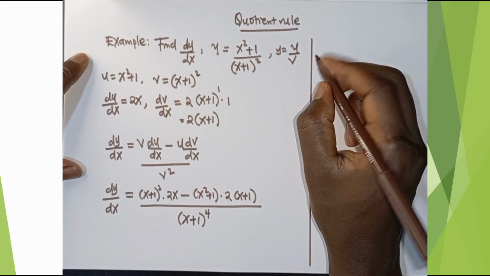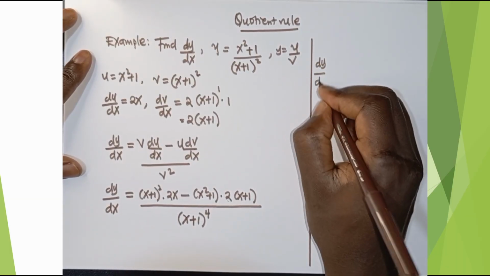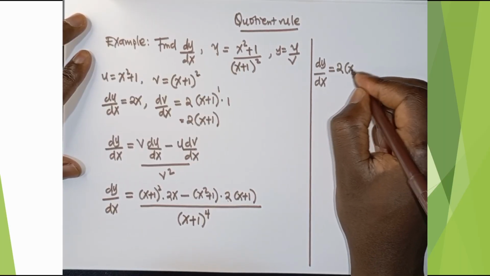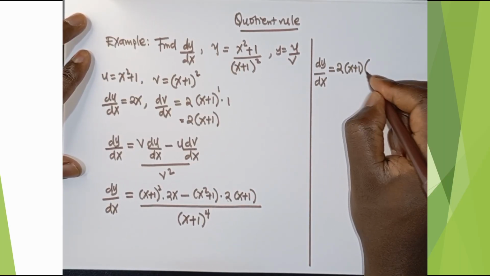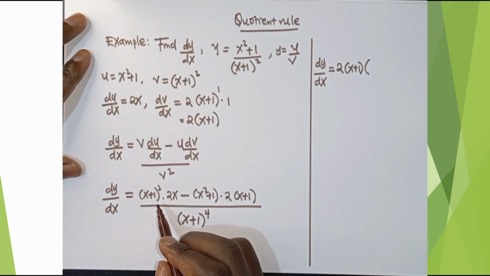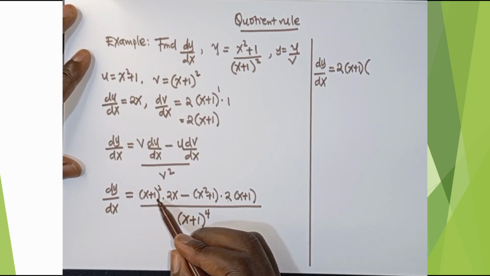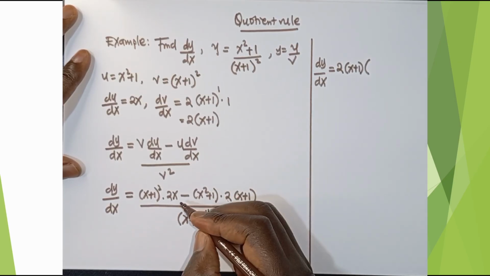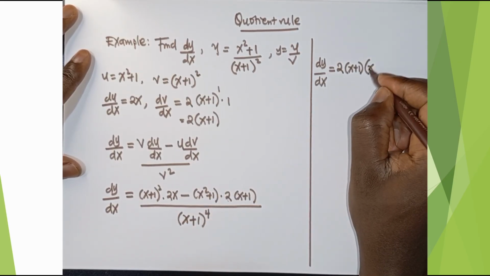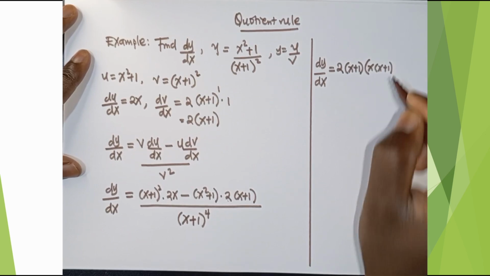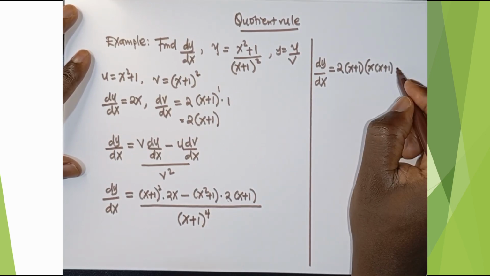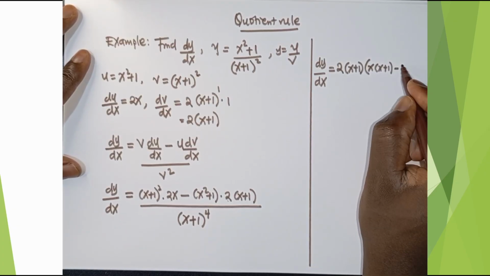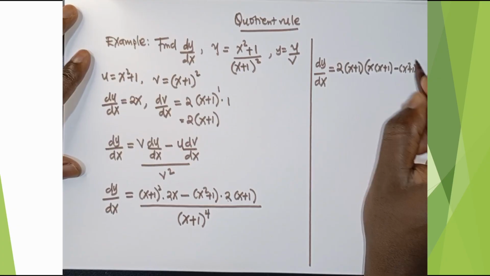So we pull out a common factor, so we shall have our dy by dx equal to 2 times x plus 1, into, we shall remain with x into x plus 1, and then minus x squared plus 1.